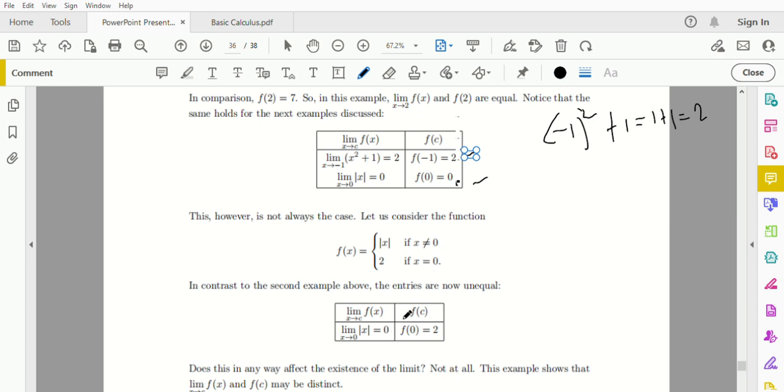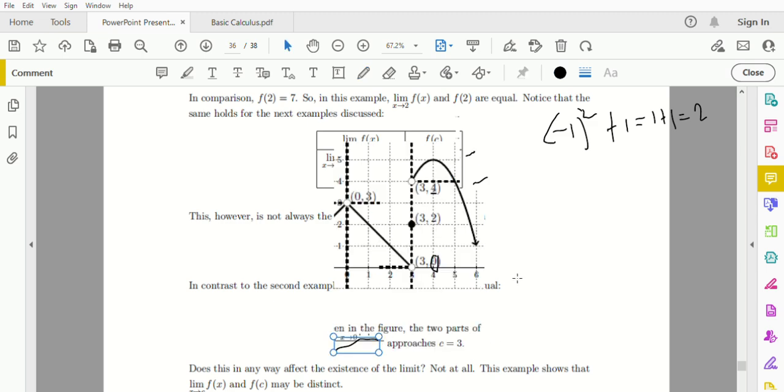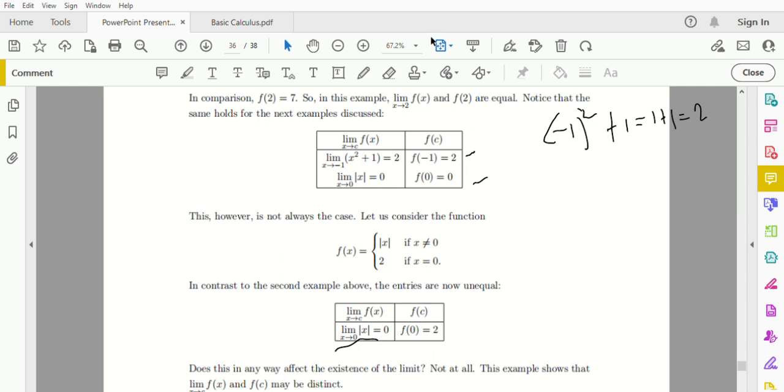Take note, when we talk about this, we are talking about from the left and from the right of x. So if we have this line, our x here, or our c, is equal to 0.